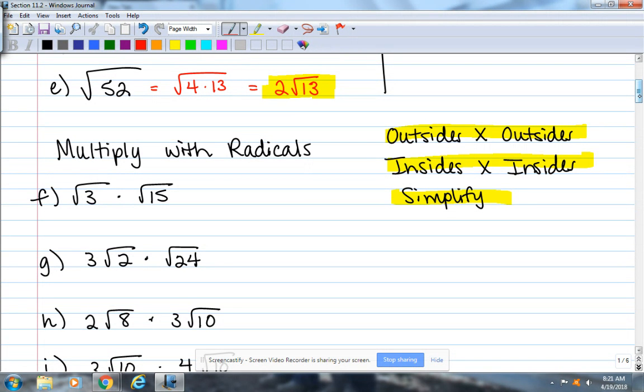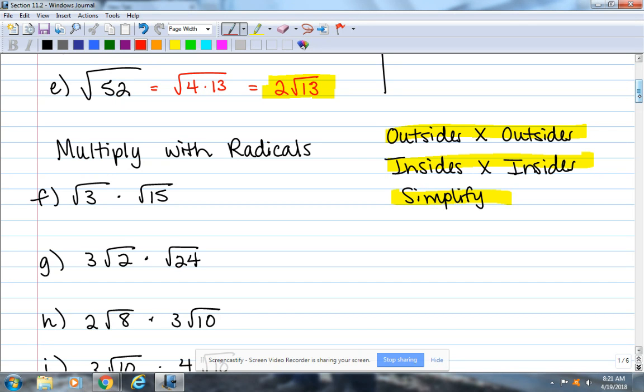All right, so we're going to add to that. And we're going to multiply with radicals. Now, the rule for multiplying two radicals is you multiply outsides with outsides and insides with insides. You don't multiply an outside with an inside or an inside with an outside.